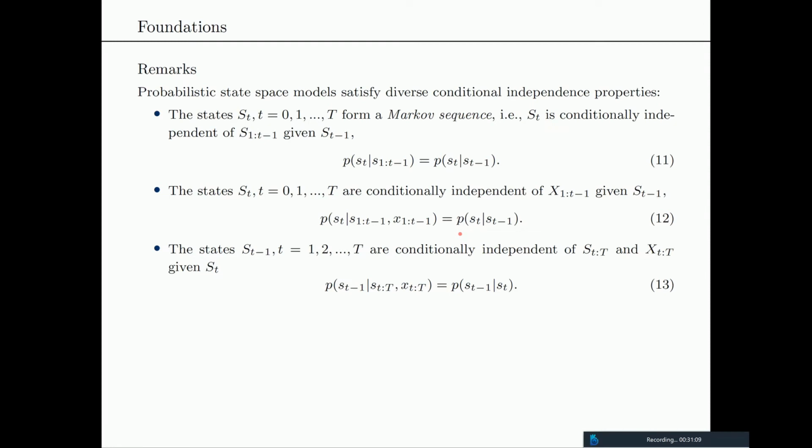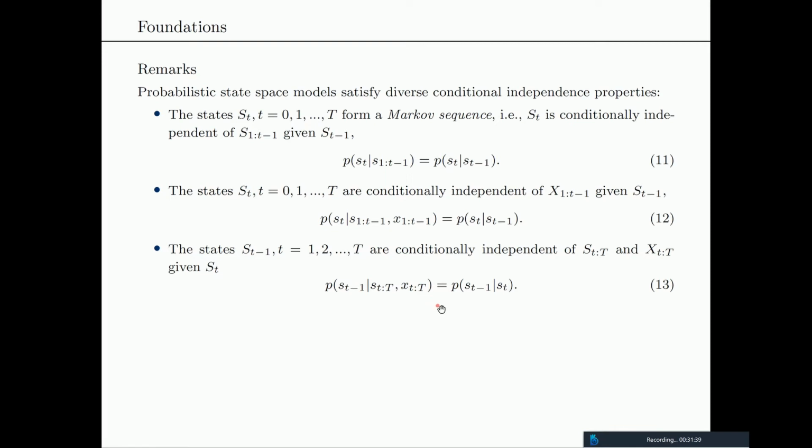It's getting a little bit trickier, and this is something that is also just stated here and not proven. If you look at conditional statements that don't directly involve the conditional independence properties that you define, for example, you can ask, what is the probability distribution over s_{t-1} given the states from t to big T and x_t to big T?